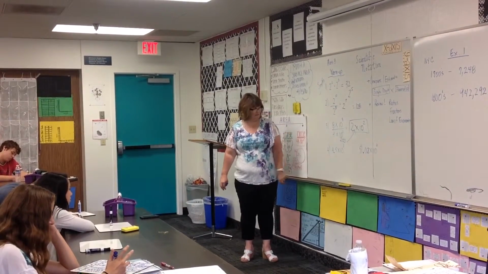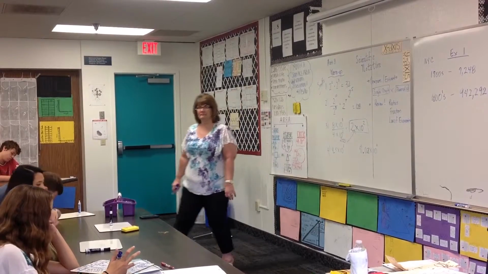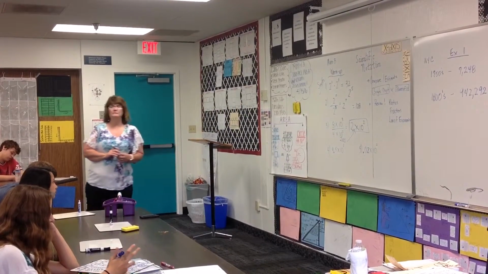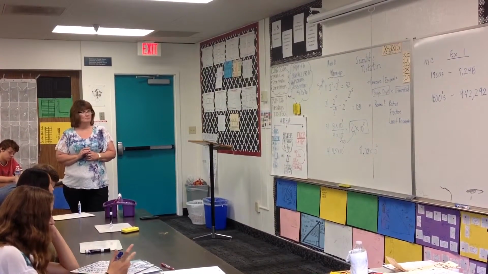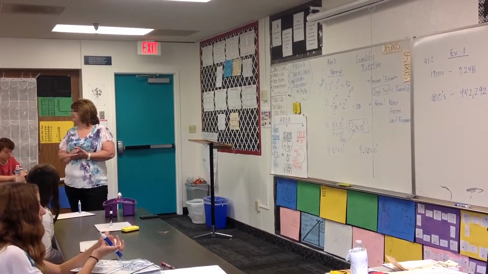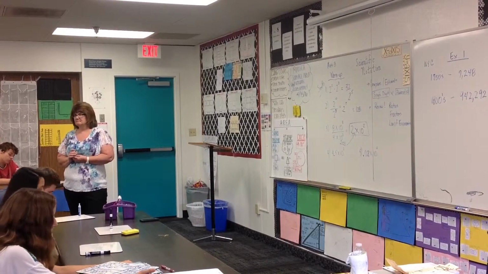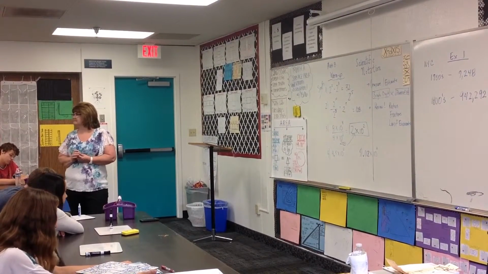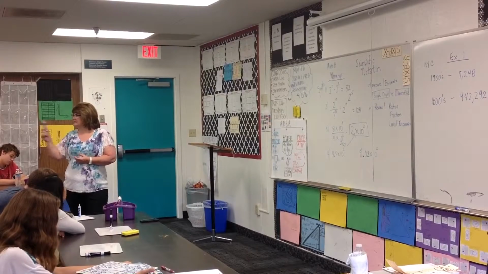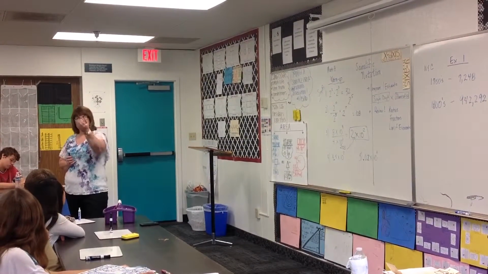Yes. So I did the 10 to the power of 2 first, and then that was 100. And then I just moved the decimal 2 points over to the right, because that's how many zeros are in 100. So 4.5 times 10 squared is 100.